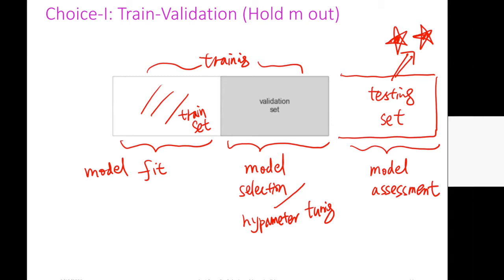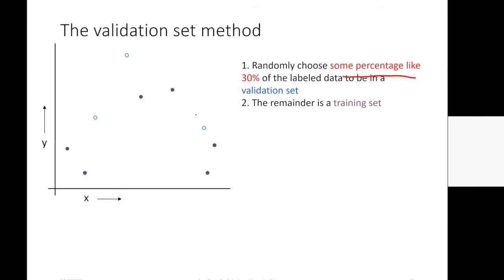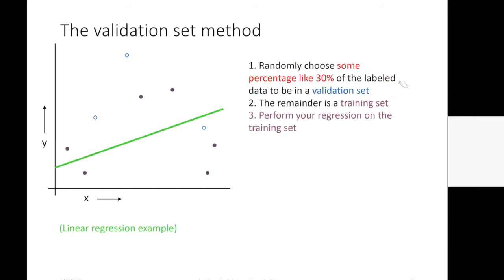You submit the model, and then the organizers measure how your model behaved on data completely untouched by anything you optimized or tuned, and that is the performance. Most leaderboards show the performance on the completely left-out testing set. All right, so let's see how the validation set is used to help you do model selection.